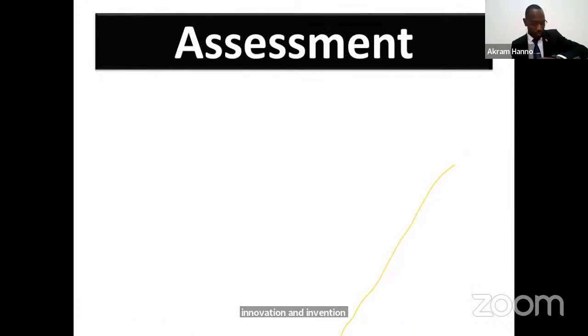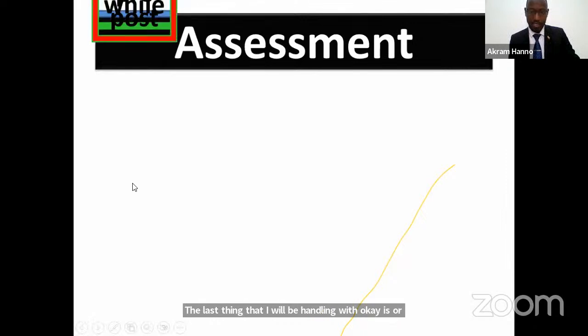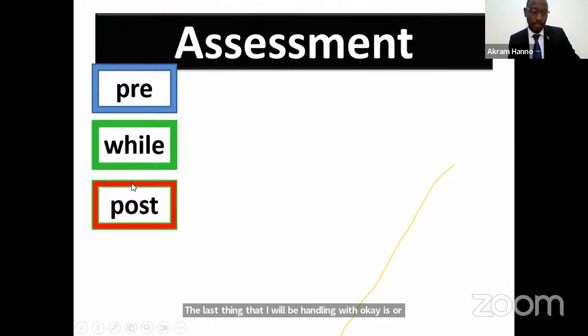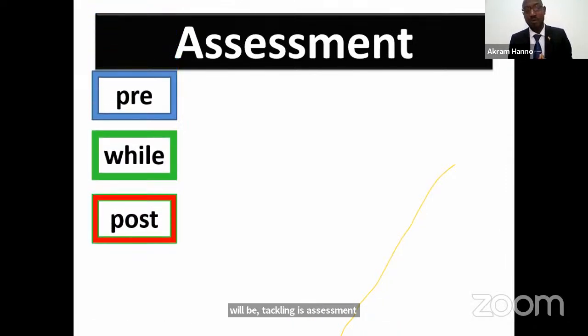The last thing that I will be tackling is assessment. So a pre-assessment, a during assessment, and a post or after assessment.